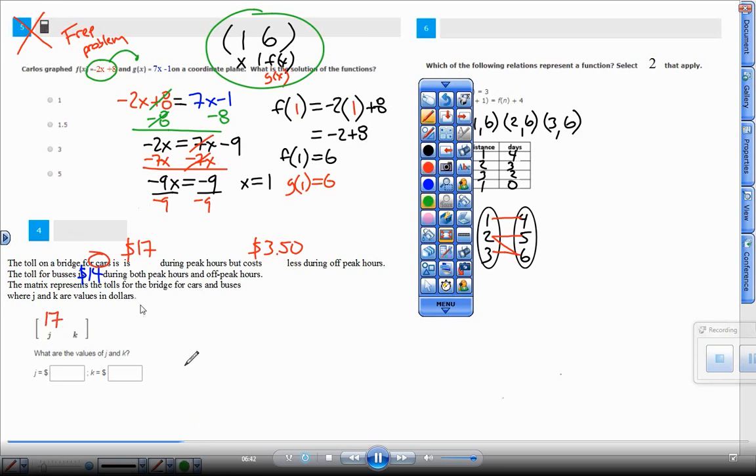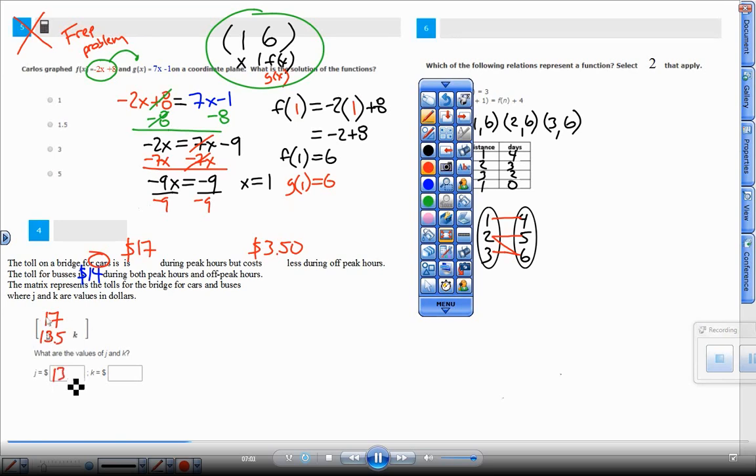For this one, again, cars is $17 during peak, $3.50 less. Buses, 14 peak and off peak. These top two values, I'm going to put peak cost, bottom two off peak.